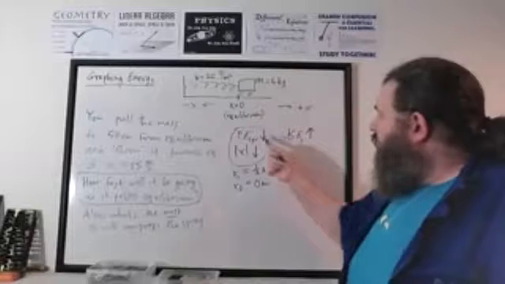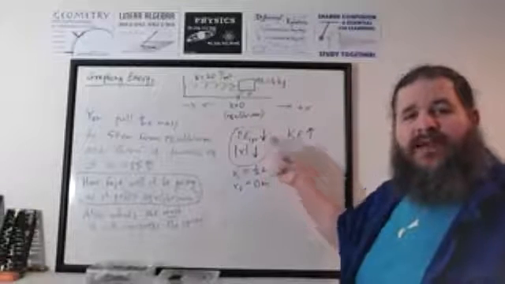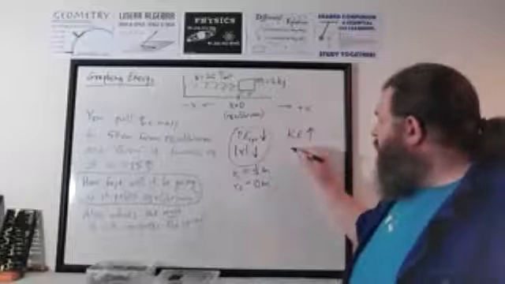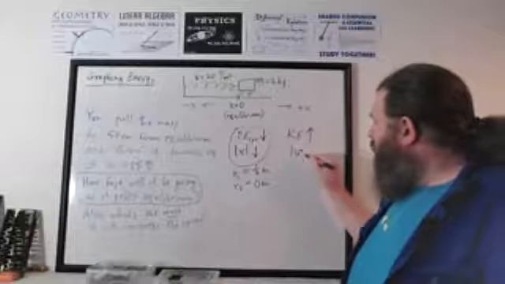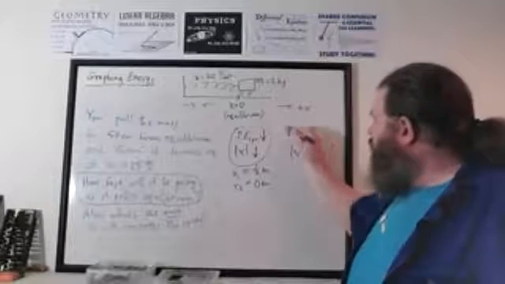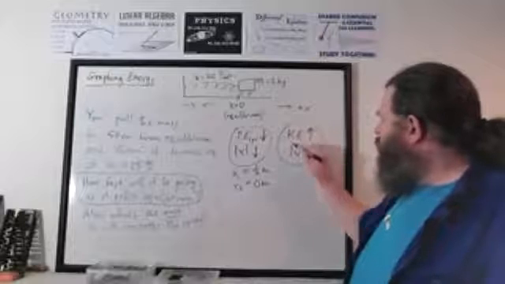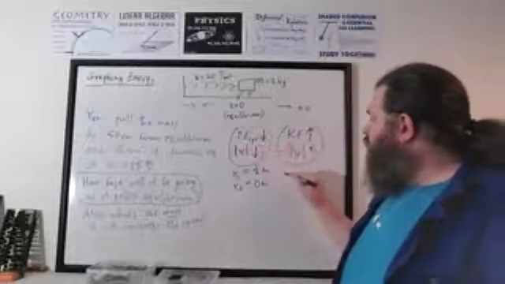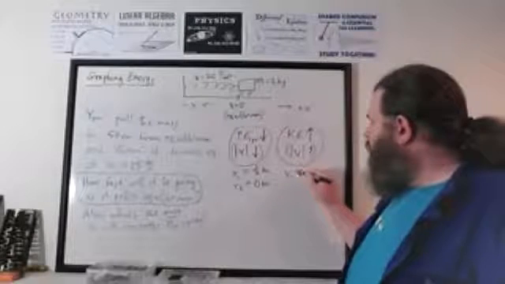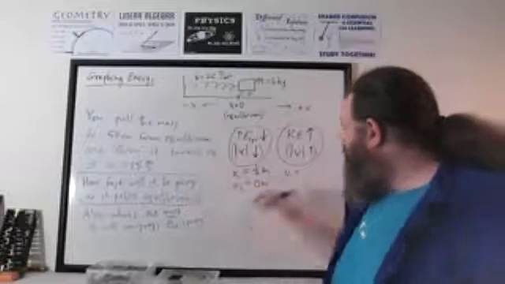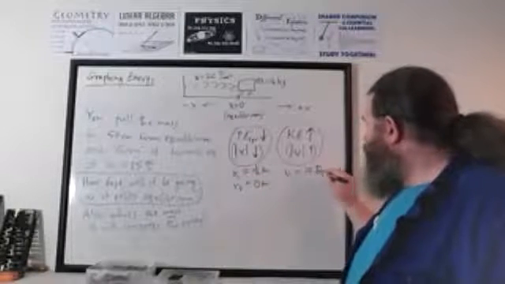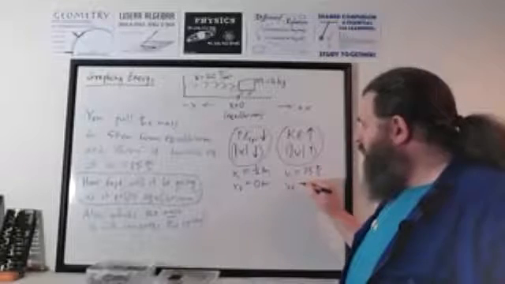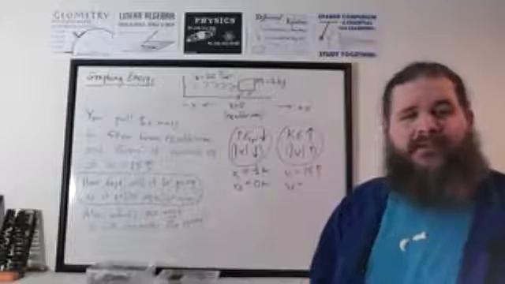So I think we can assume that a decrease in spring potential energy is matched by an increase in kinetic energy, presumably because the speed of the object is increasing. We do know the starting speed, 15 meters per second. But we don't know the ending speed. We don't know how fast it's going as it's passing through equilibrium.